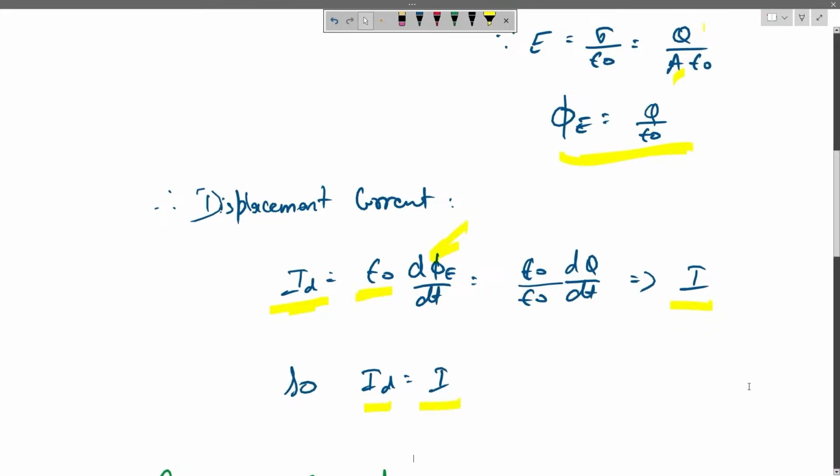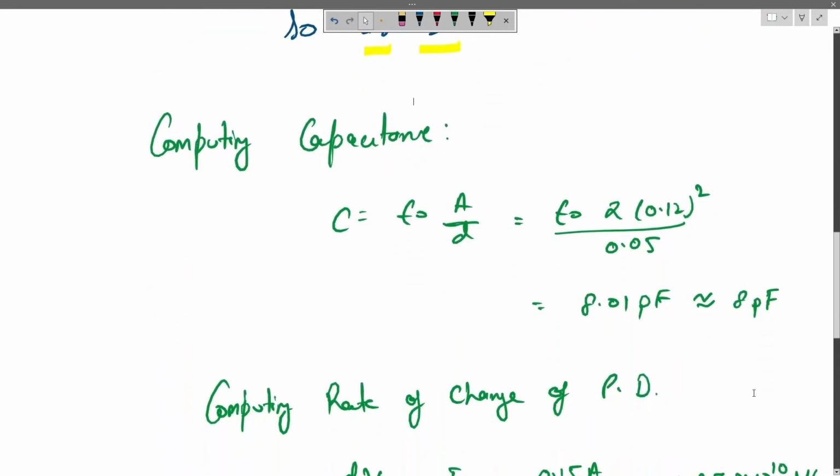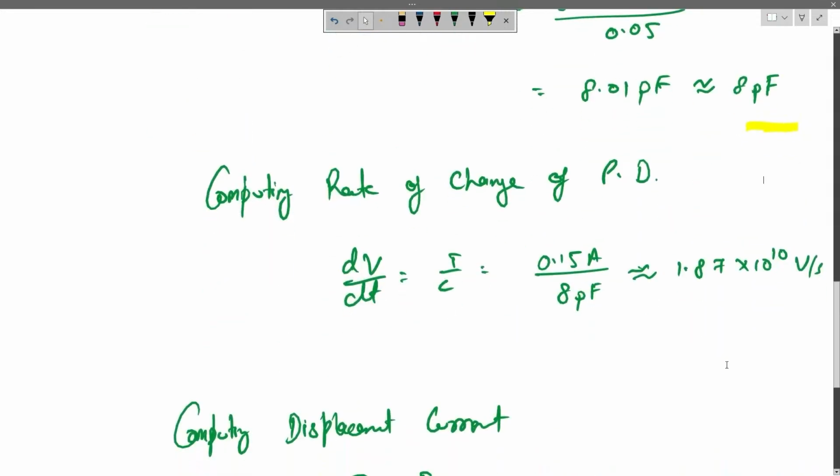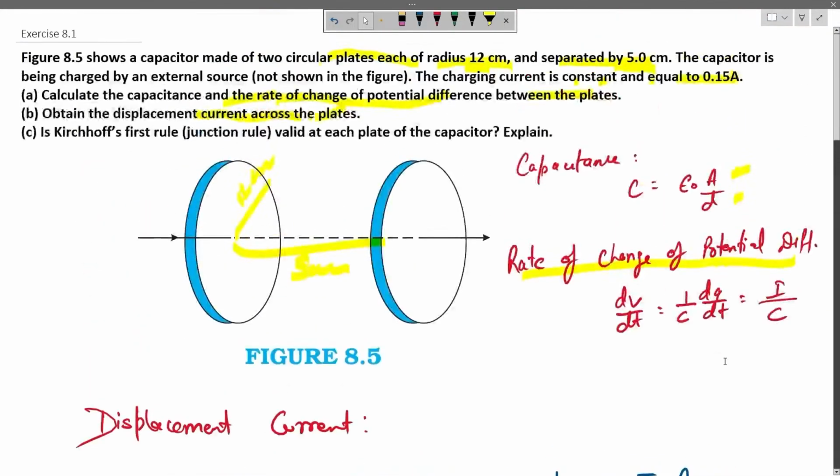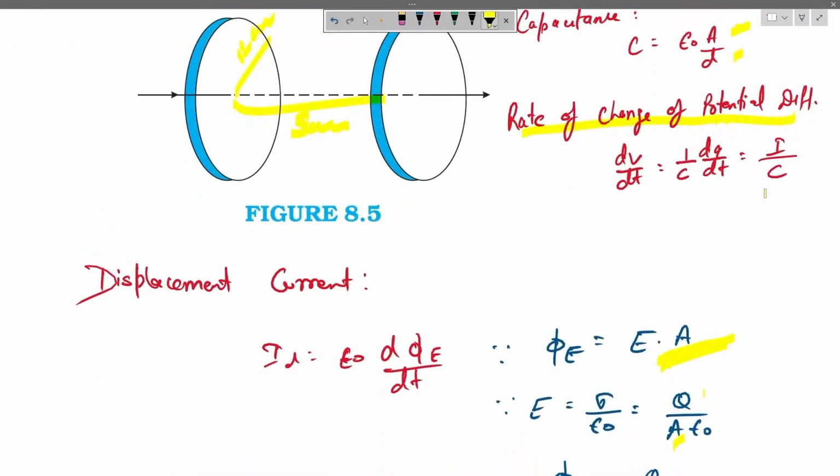Now let's compute the capacitance. Capacitance was epsilon naught A by d. After substituting the area and the distance between the plates, we come to the conclusion that the capacitance is equal to 8 picofarad. Now computing the rate of change of potential difference dV by dt, we have already calculated that dV by dt is equal to current by capacitance.